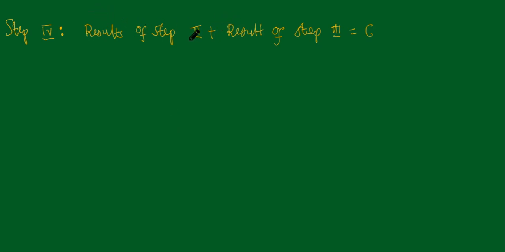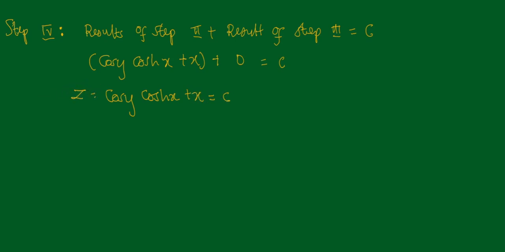So our result from step 2 is cos y cos x + x, and our result from step 3 is 0, equal to a constant. Therefore, we have cos y cos x + x = c as our general solution for the differential equation.